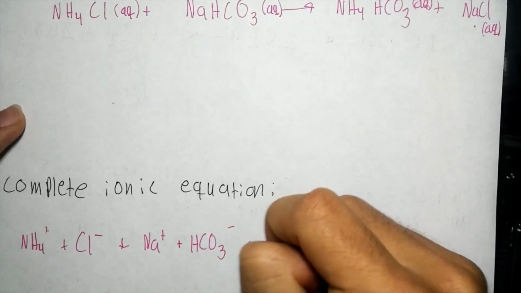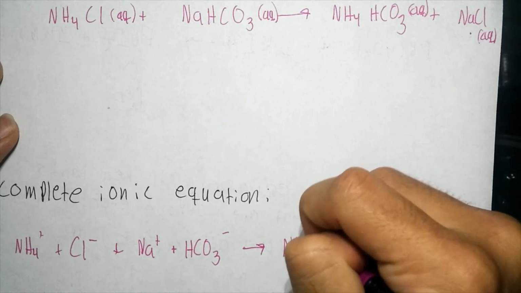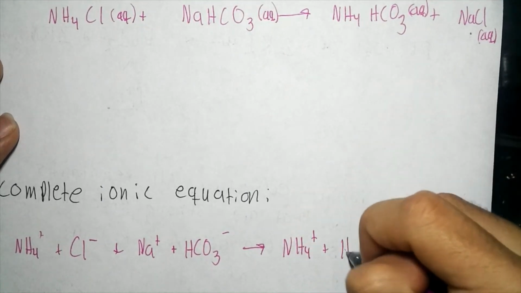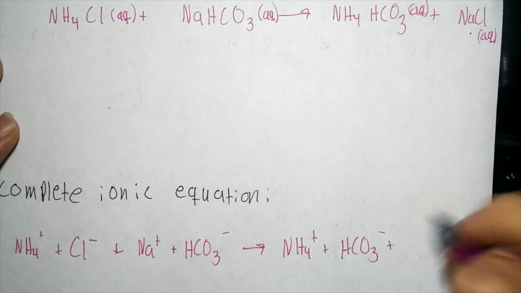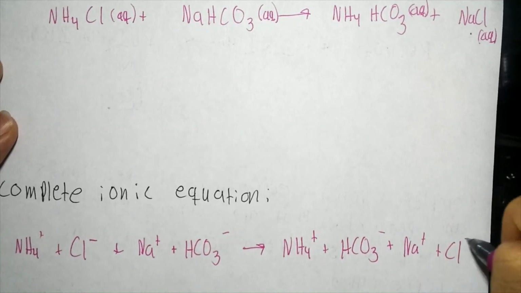Then it's going to be a lot of the same on the right side, so you're going to have ammonium ion plus bicarbonate plus sodium ion, and then plus chloride ion.